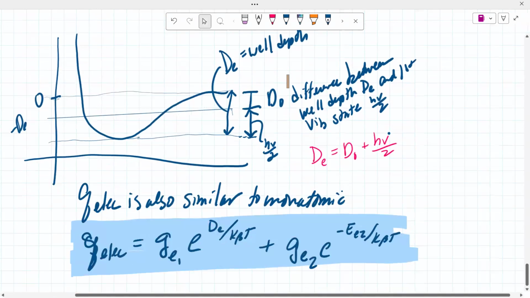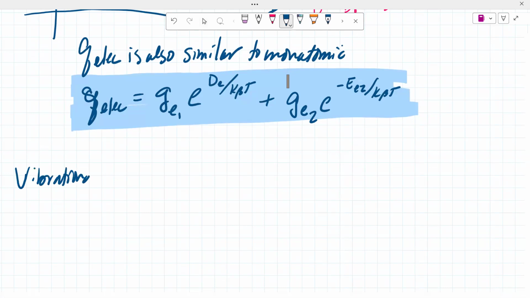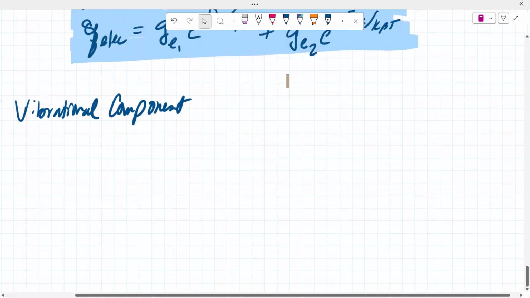Okay, so now let's come back down here. We got our next one. Now we have the vibrational component, which is new. I haven't done that before.